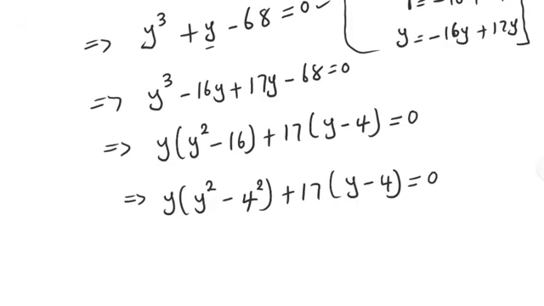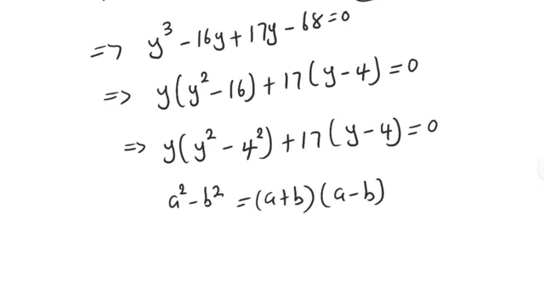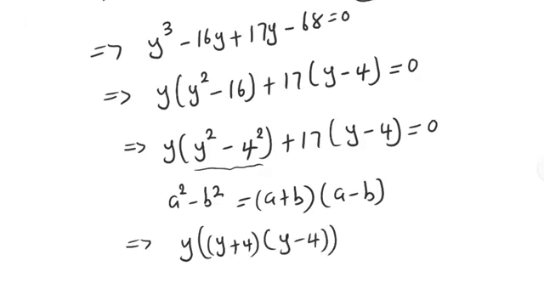Take note of this, that if you have a square minus b square, this is equal to a plus b bracket a minus b. Then we have y bracket, the whole of this can be written as y plus 4 bracket y minus 4 bracket plus 17 bracket y minus 4 is equal to 0. You can see that y minus 4 is common here and it's also common here. Let's bring it out.